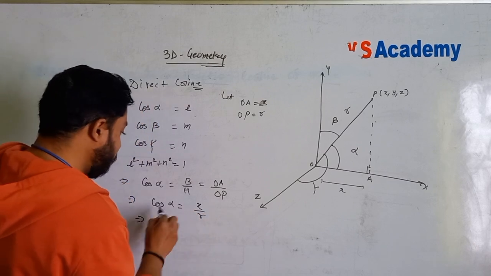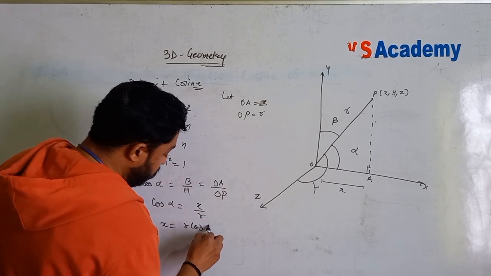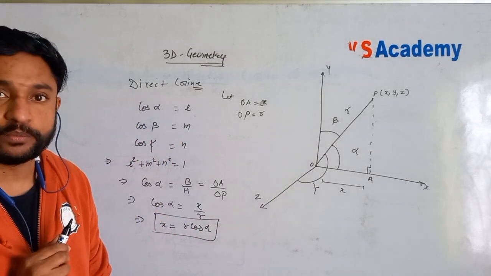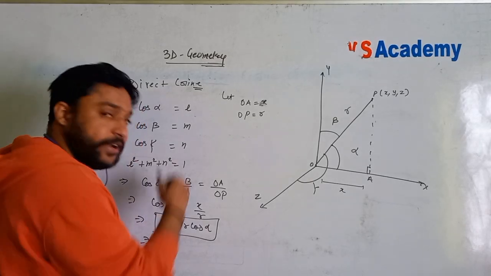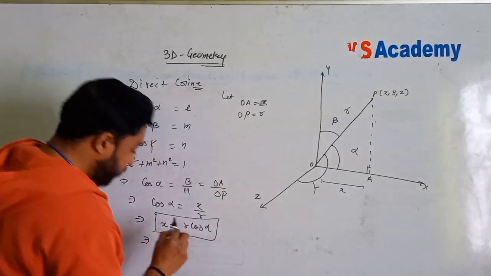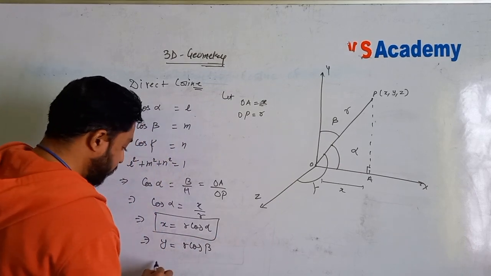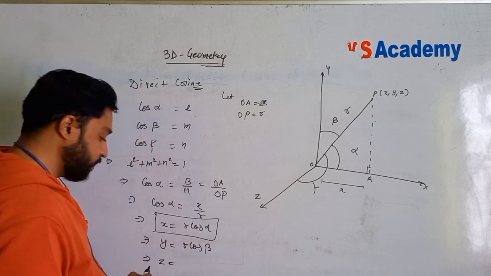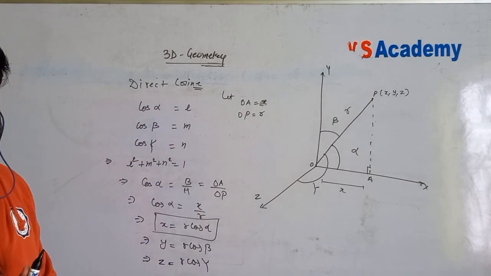So from here I can write x is equal to r cos alpha, right? I hope you understand, all of you. Now, similarly, in the direction of the y-axis, I can write y is equal to r cos beta, and in the direction of the z-axis, similarly, z is equal to r cos gamma, right?